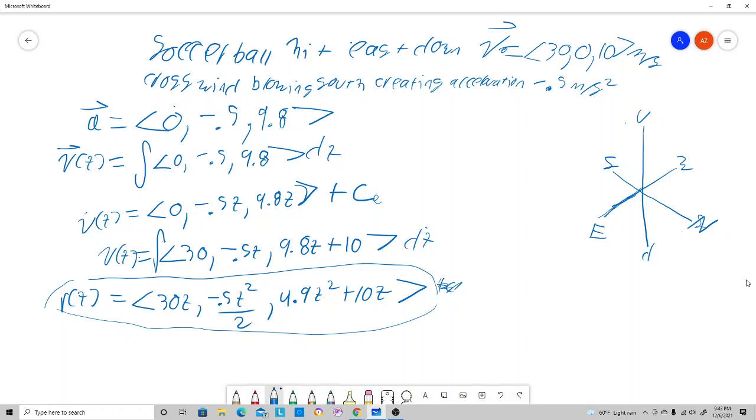So now maybe we want to sketch where this is. All we have to do is see where this is at time 0, when z is 0. So when this is 0, we have these components.